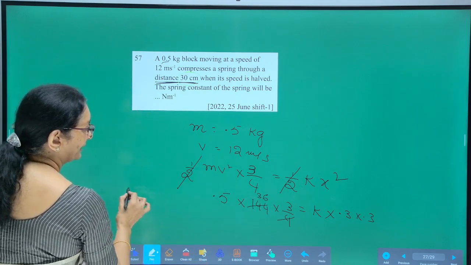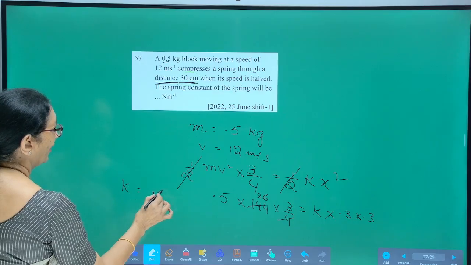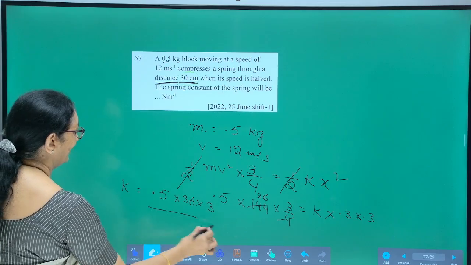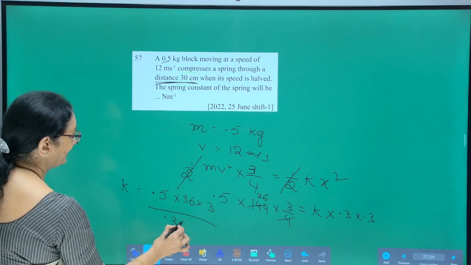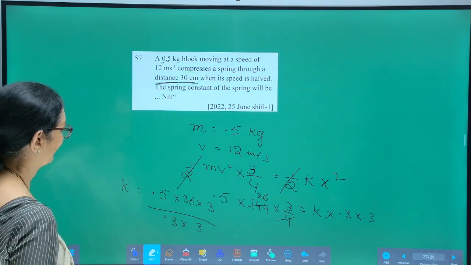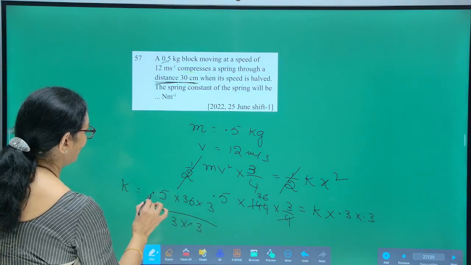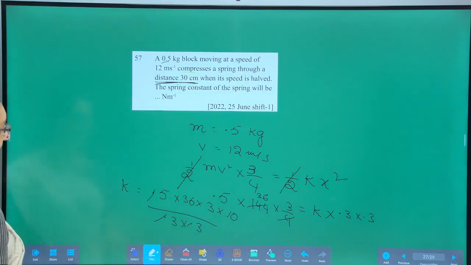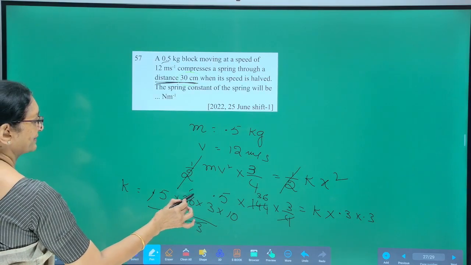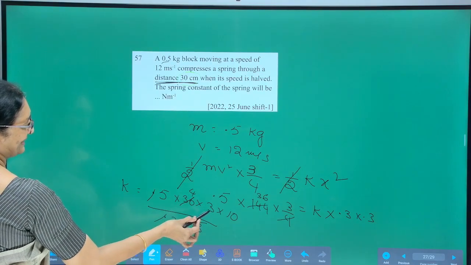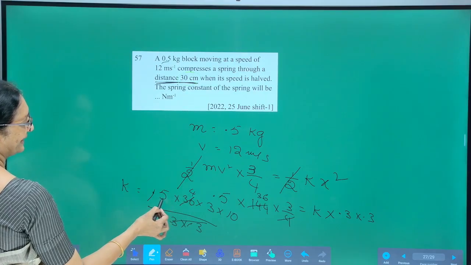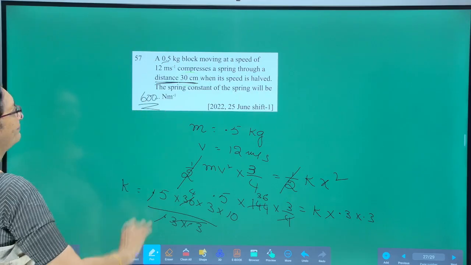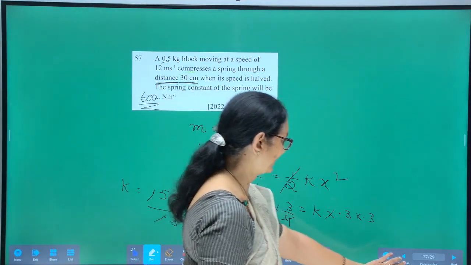So here K is equal to 0.5 into 36 into 3 divided by 0.3 into 0.3. Cancelling the decimal, 9 cancels 4 times. 4 3s are 12, 5 6s are 60, it is 600 Newton per meter, that is the spring constant.